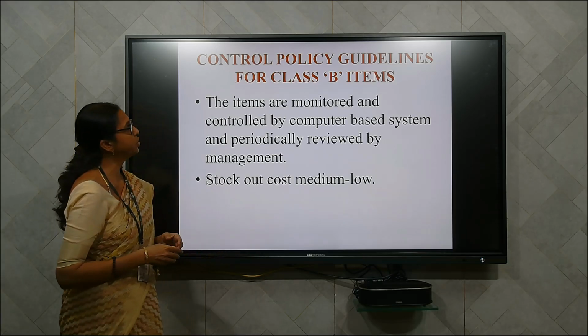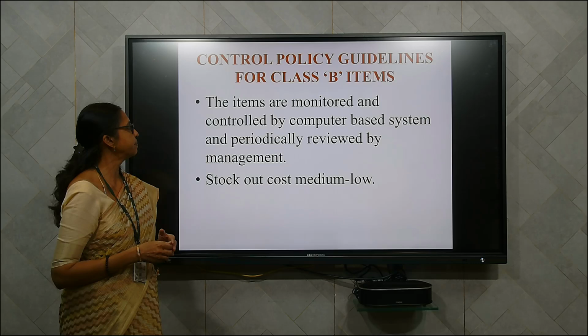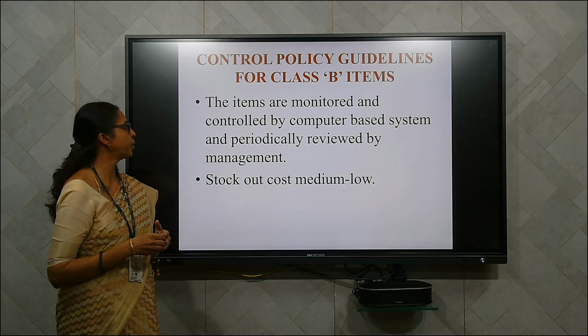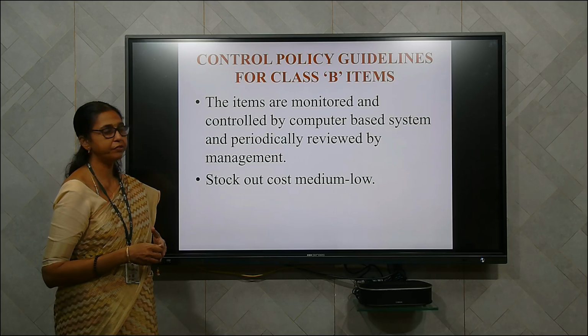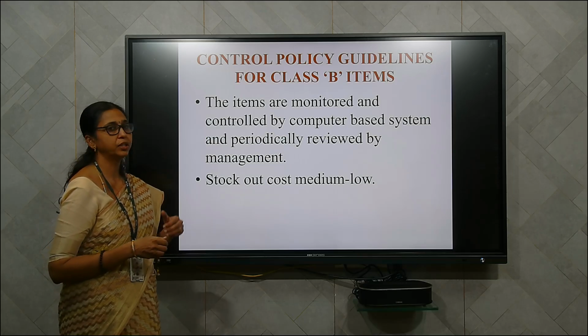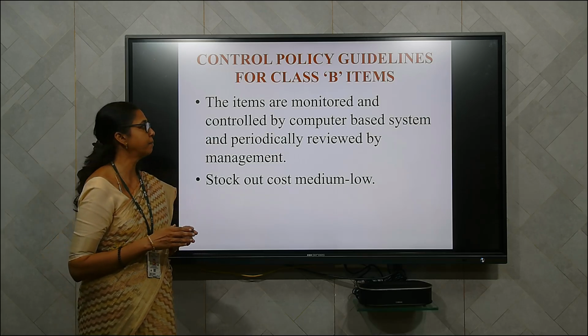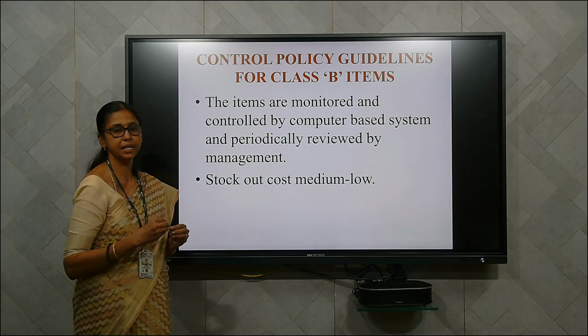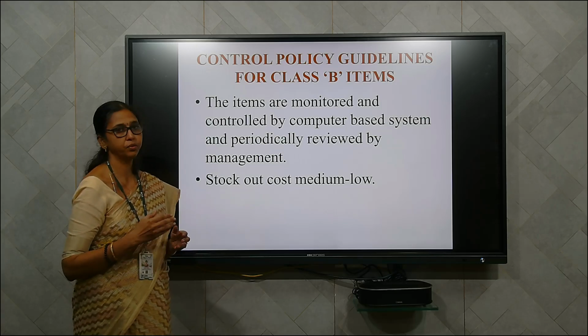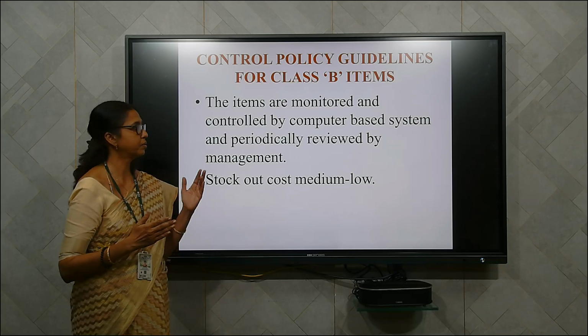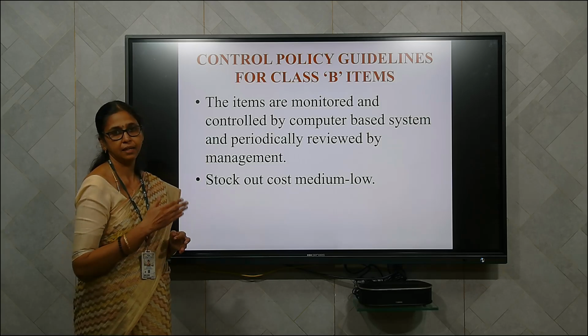Next, control policy guidelines for class B items. These items are monitored and controlled by a computer-based system and periodically reviewed by the management. Compared to A items, B items need less control. We can go for ERPs, which can help to assess the B items.